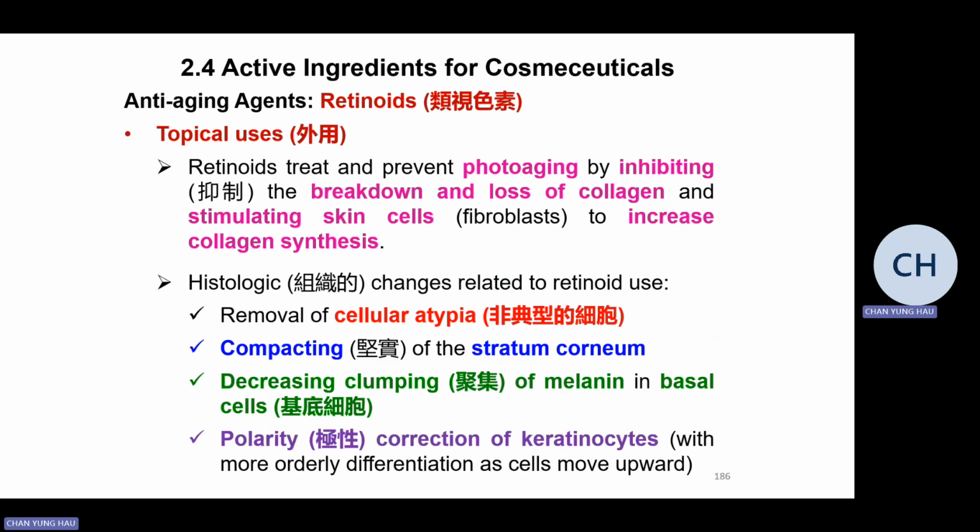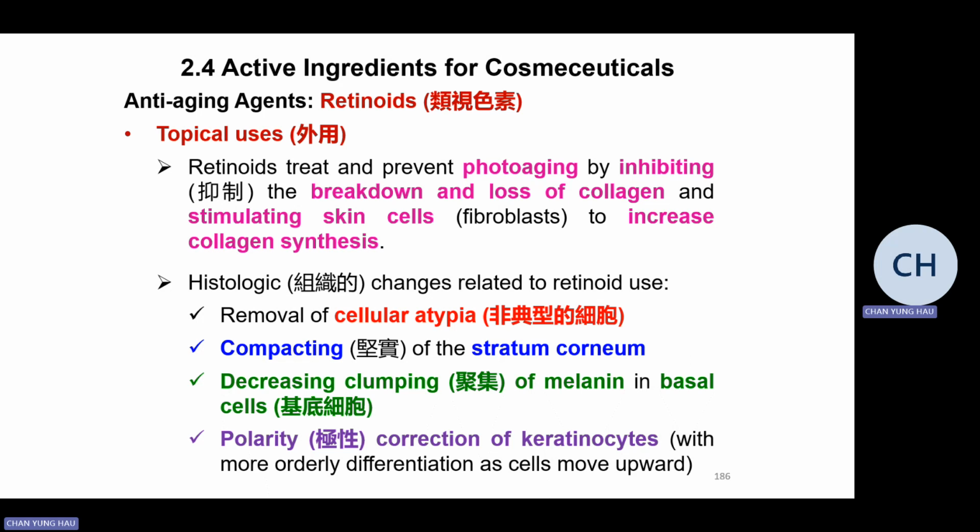Retinoid can treat and prevent photoaging by inhibiting the breakdown and loss of collagen, and it stimulates the skin cell, the fibroblast, to trigger collagen synthesis.